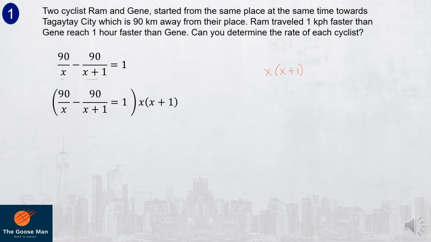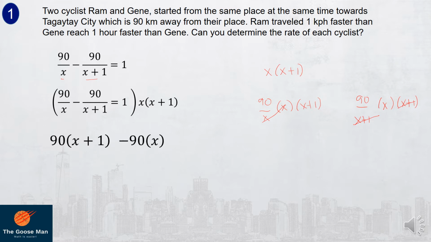Remember that if I have 90 over x times x plus 1, I can simply factor out x. So I'll come up with 90 times x plus 1. Similarly, if I have 90 all over x plus 1 times x plus 1, I can factor out x plus 1 and x plus 1.